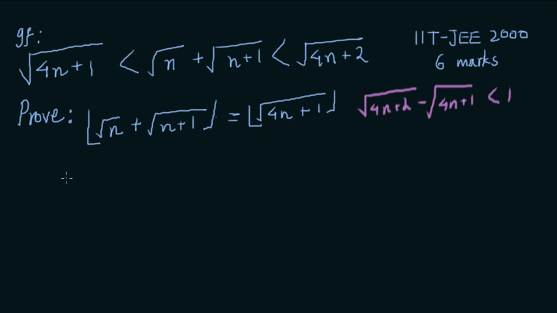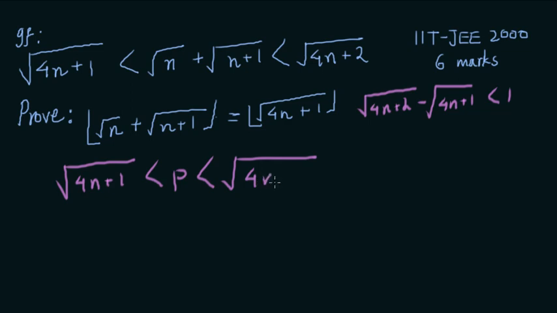Suppose there was an integer, and let it be p. This is less than root over 4n plus 2 and greater than root over 4n plus 1, and if we square them, what we get is that 4n plus 1 is less than p square, which is less than 4n plus 2. Now if p is an integer, then p square would have to be an integer as well, right?